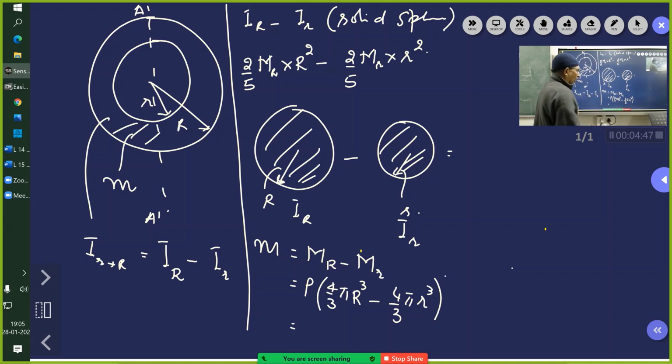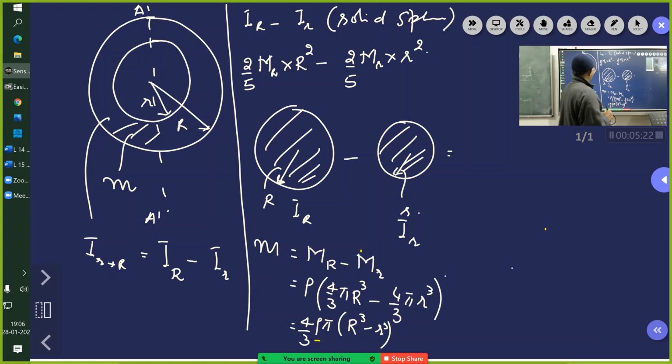Here I can pull out 4 by 3 rho pi, which is common, so I get R cube minus r cube. But instead of two unknown variables, M_R and M_r, I have ended up with density. Anyways, let's see how to ward off that and get going with this.